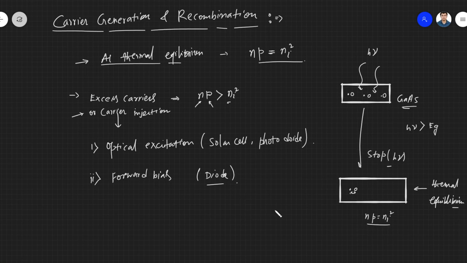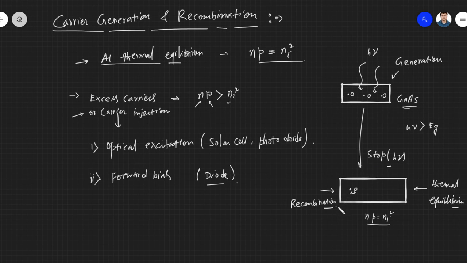So this is the reverse process. The first process was generation. Now when you stop the light or these photons, we'll have recombination. One more thing: even if we keep shining the light, recombination also takes place.